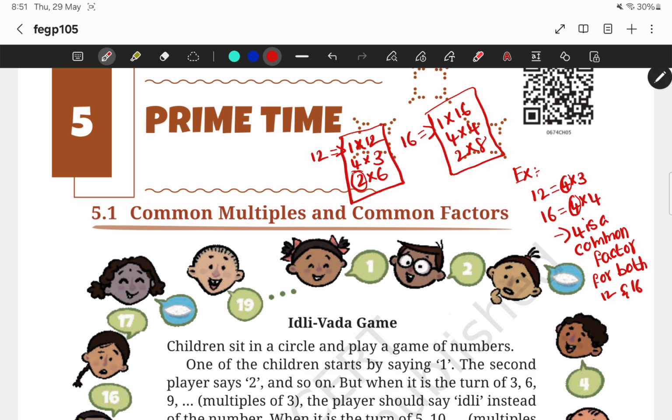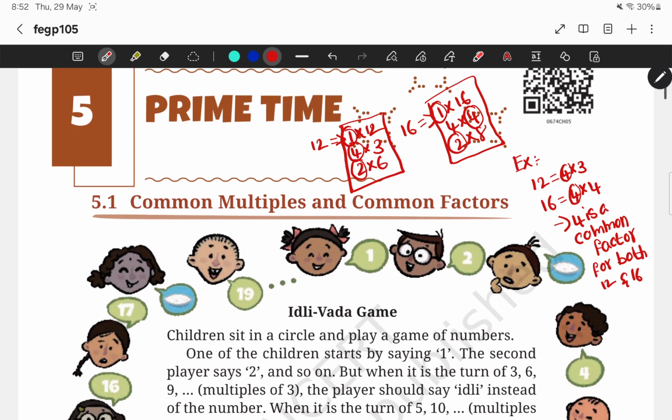2 is a common factor and 1 is a common factor, and even 4 is a common factor. 1 is a common factor of all the numbers. So here 1 and 2, and here 4.